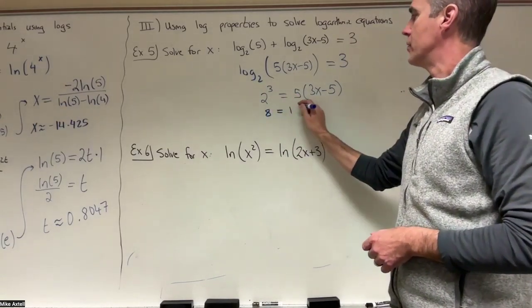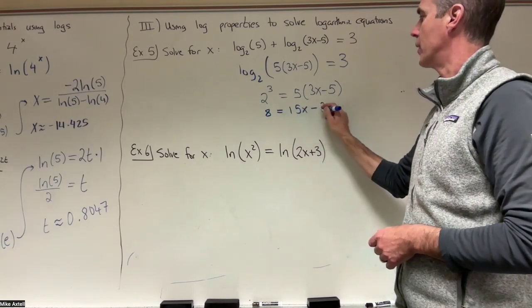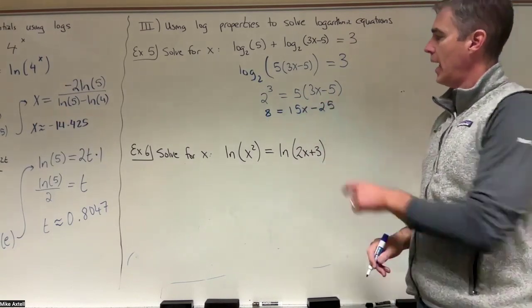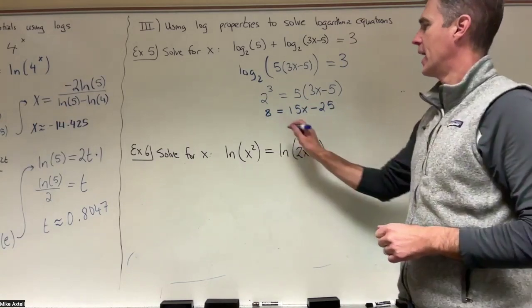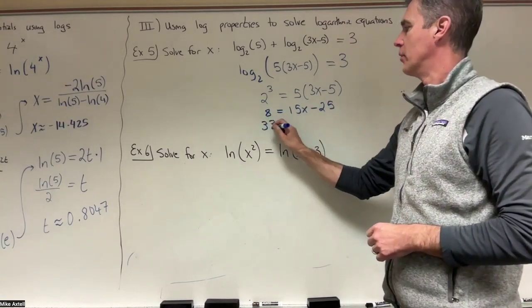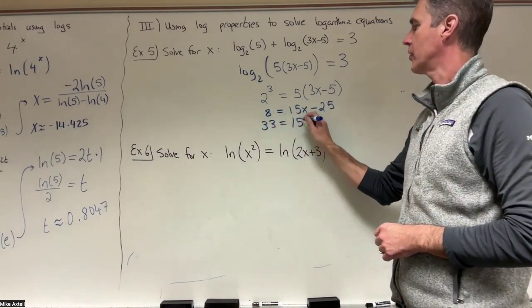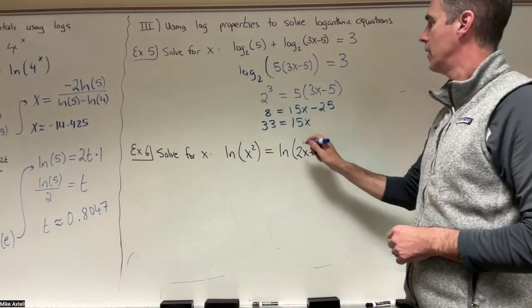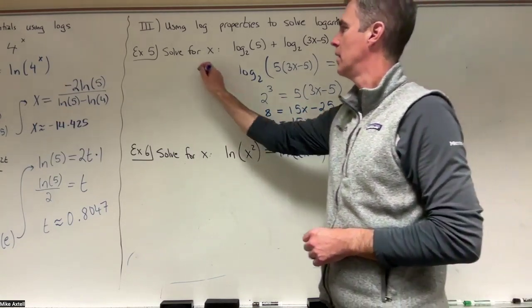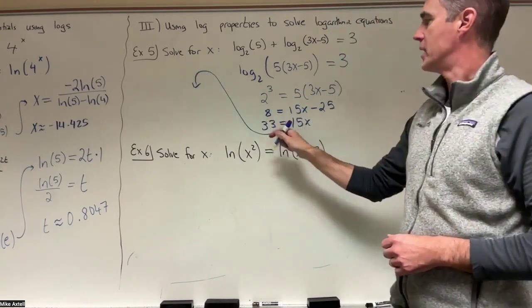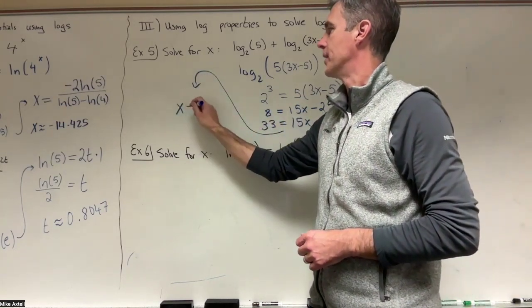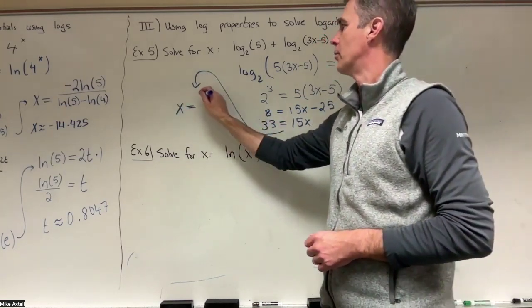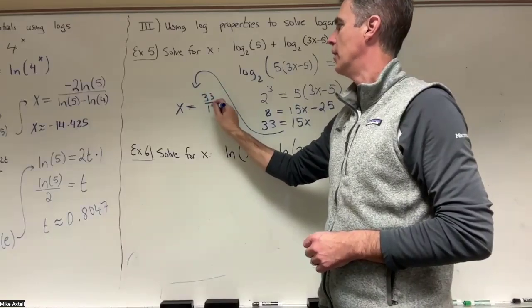Running the 5 through gives me a 15x minus 25. And I could add the 25 to the other side, so that would give me a 33 over there equal to 15x. And then if I like, I could divide both sides by 15 to get x all by itself. So that would give me 33 over 15.